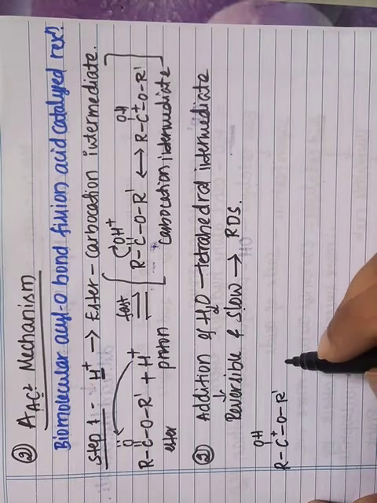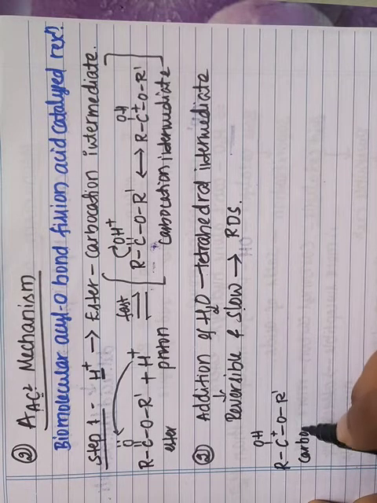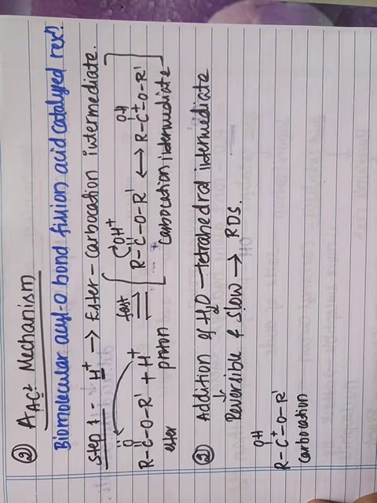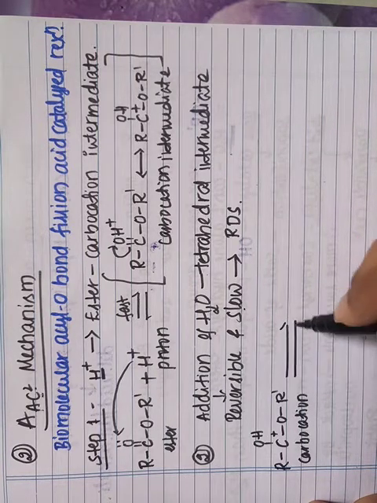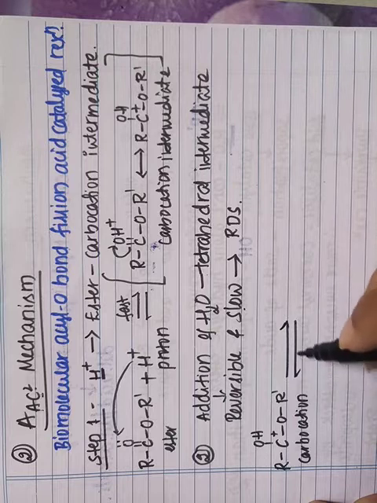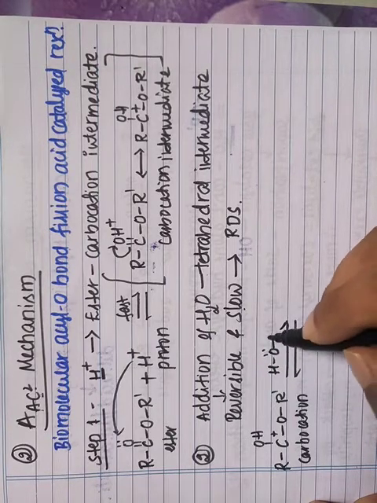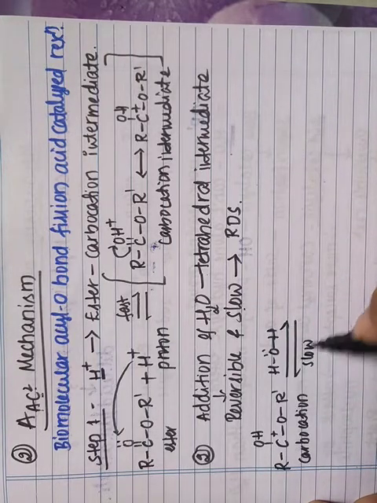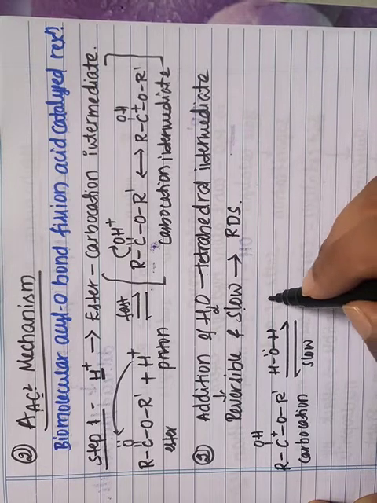So this is the carbocation. This is the reversible process. The water adds to the carbocation, which results in the formation of a tetrahedral intermediate.